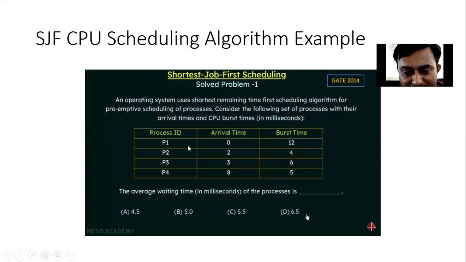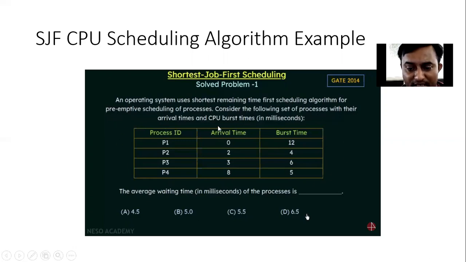To solve this example, we need to consider the shortest remaining time first scheduling algorithm with primitive nature. Consider the following set of processes with their arrival times and CPU burst times in milliseconds. So what is given to you as input?